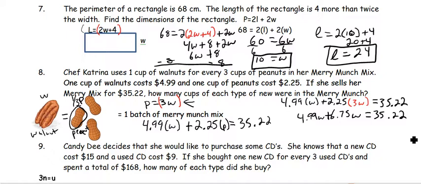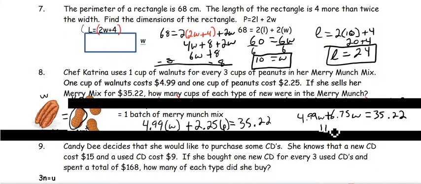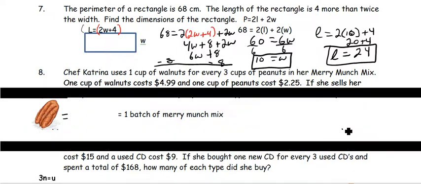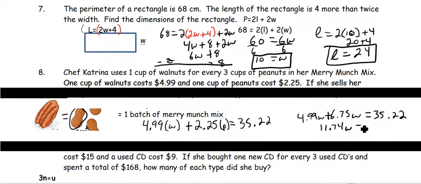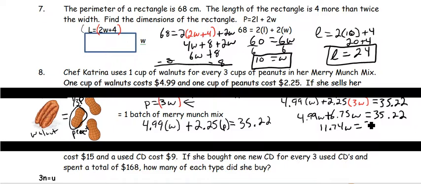So we have $4.99 times W plus 6.75, and that equals 11.74 W equals 35.22.